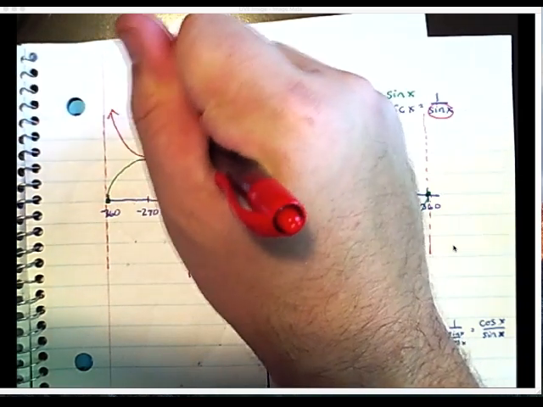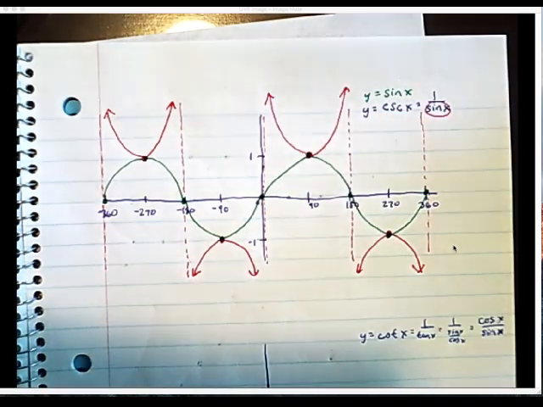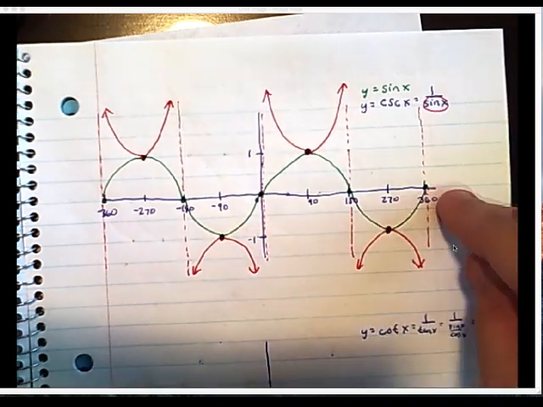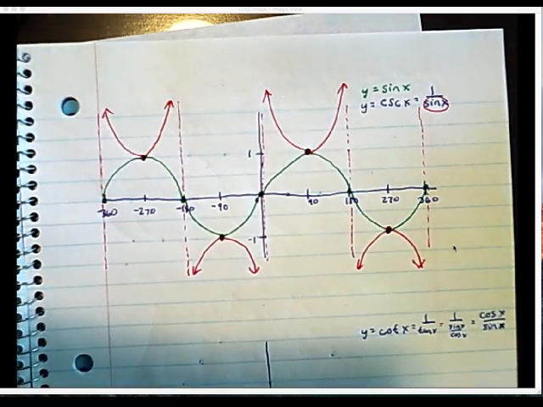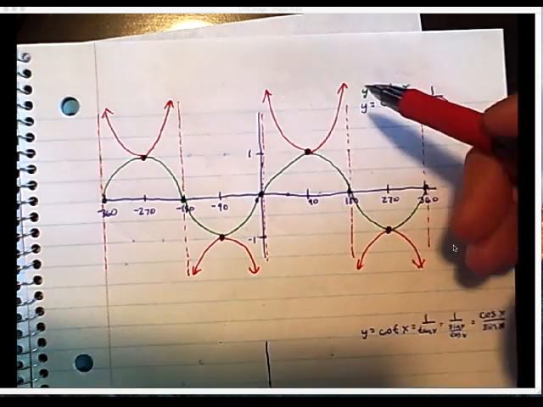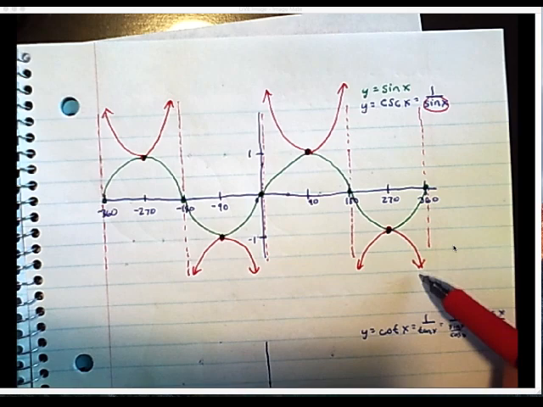So alternating U's. One goes above, one goes below, and you have asymptotes every 180 degrees. Starting at 0, add 180, add 180. Starting at 0, subtract 180, subtract 180. That's where the asymptotes are going to be. So cosecant can only take the value 1 and greater and negative 1 and smaller.